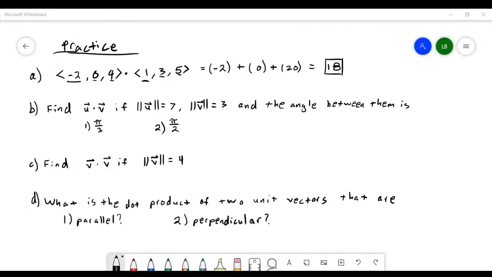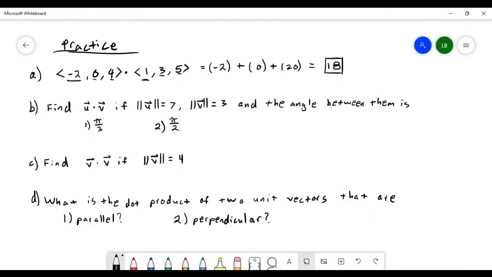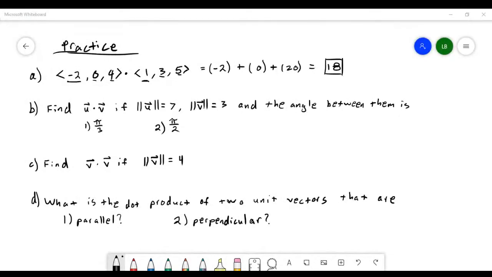Has anyone gotten any answers for part B? Is that 21?